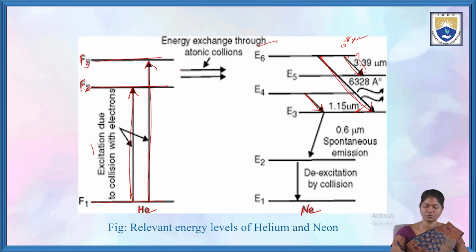E6 to E3, 6,328 angstroms. So these two transitions are in the invisible region. But here E6 to E3 having wavelength 6,328 angstroms, so it is red in color.